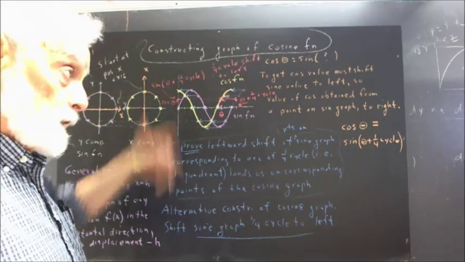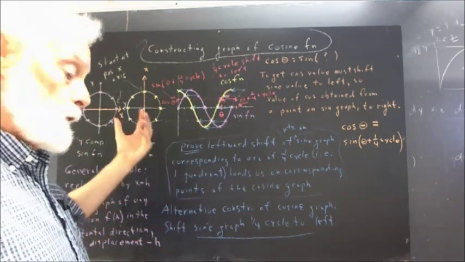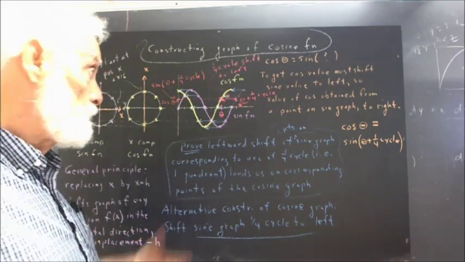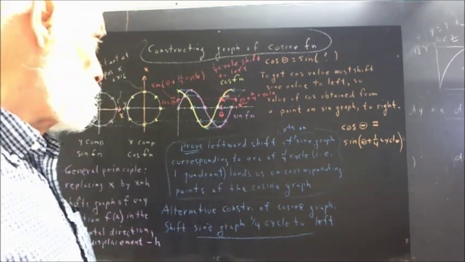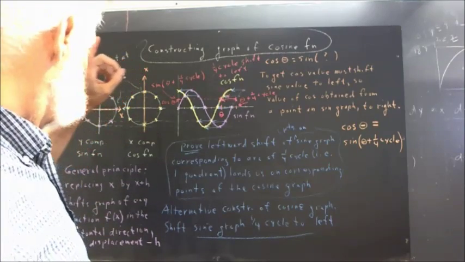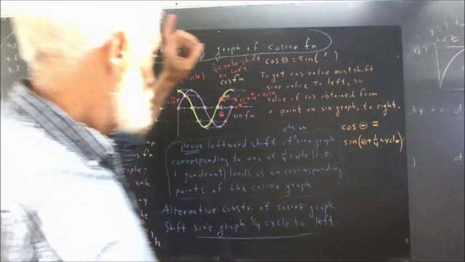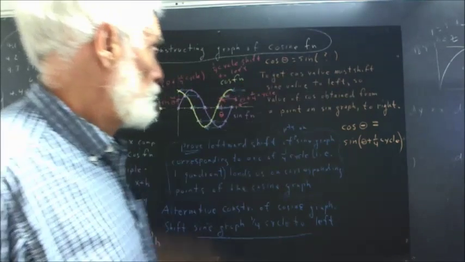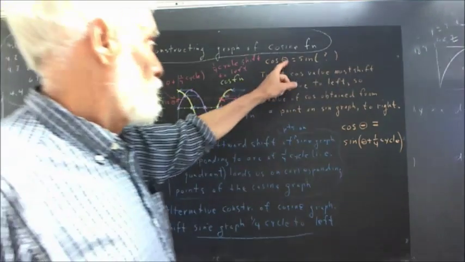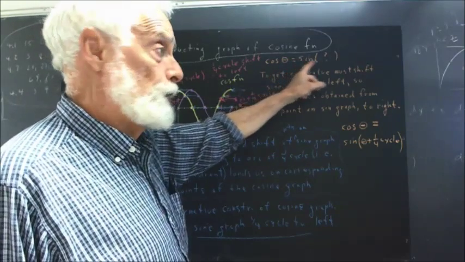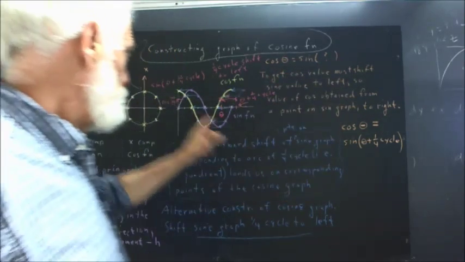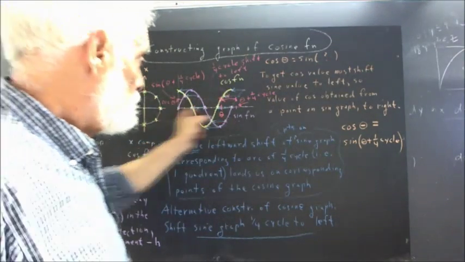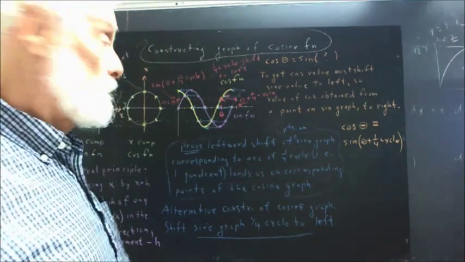It also, as we're going to see, gives us cotangent and tangent functions and secant and cosecant functions. We work out the way to notate this relationship. That is, the cosine of theta is going to equal the sine of something else, where theta is just some position along this axis.